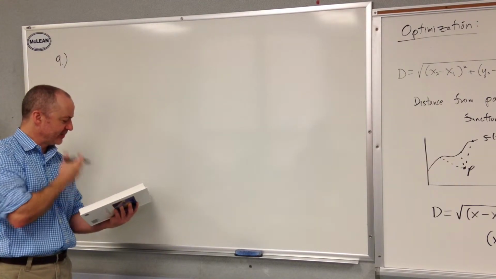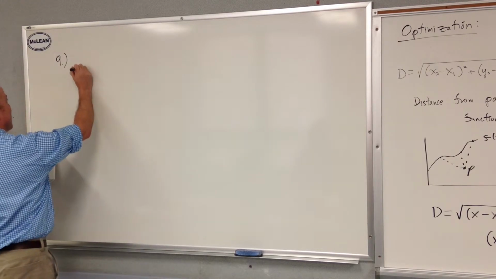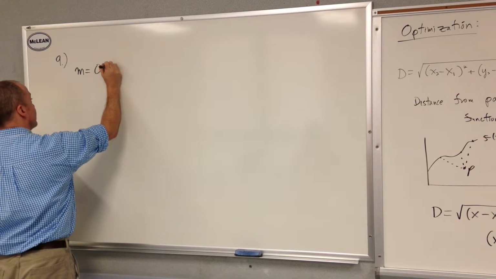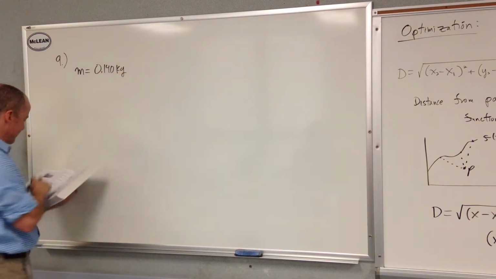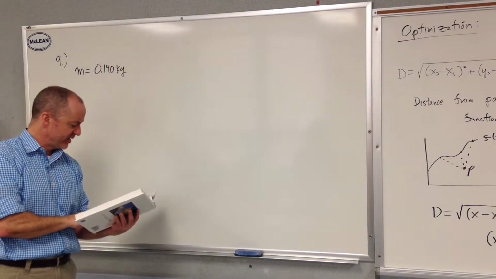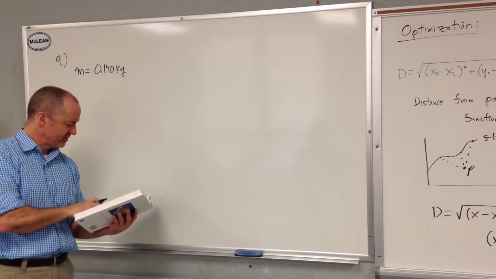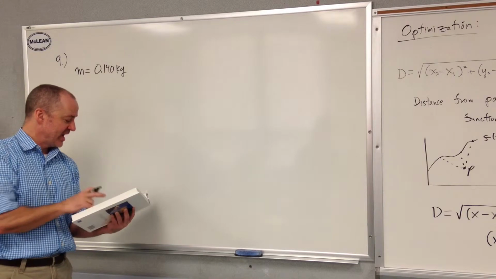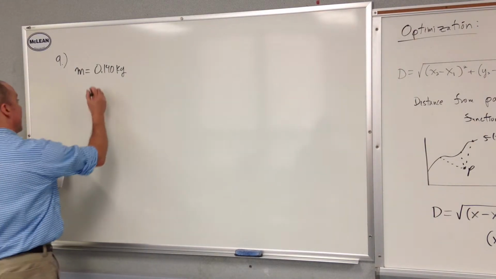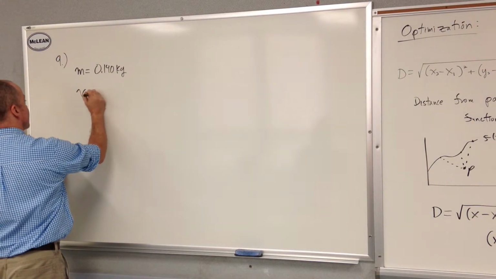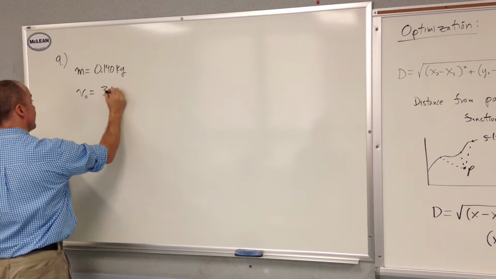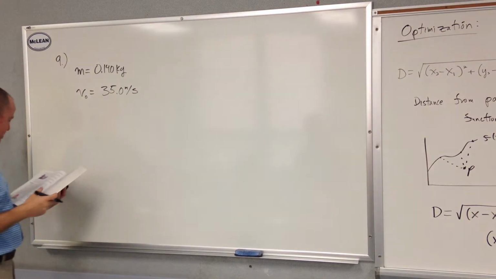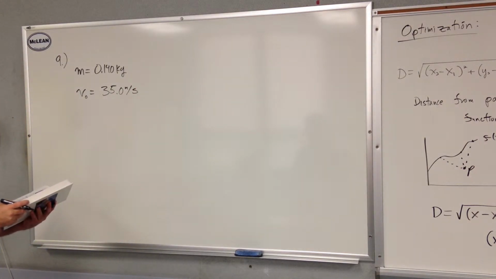All right, so number 9. A baseball has a mass of 0.140 kilograms, and it is traveling at an initial velocity of 35.0 meters per second when it strikes the catcher's mitt.